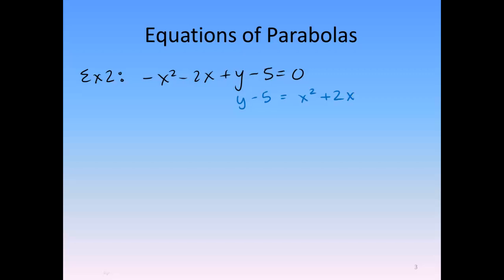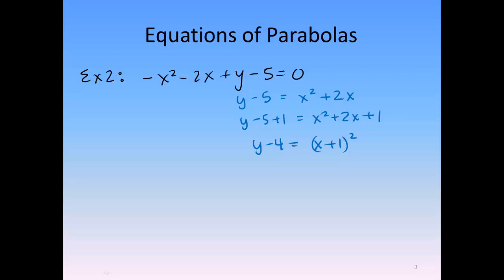That works. Now I'm going to complete the square by taking half of the middle number and adding it to both sides. So I'll have y minus 5 plus 1 equals x squared plus 2x plus 1. That's completing the square. y minus 4 equals the quantity of x plus 1 squared. There's nothing to move to the other side because I took care of that negative.